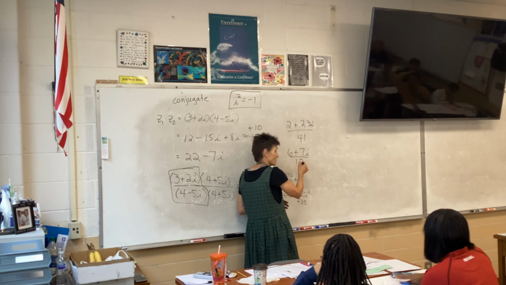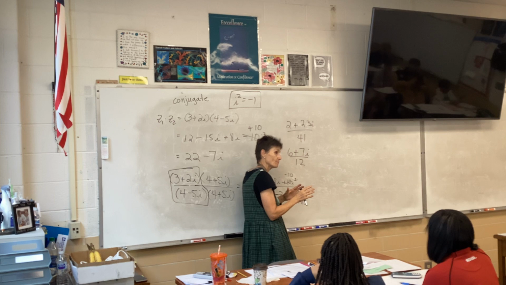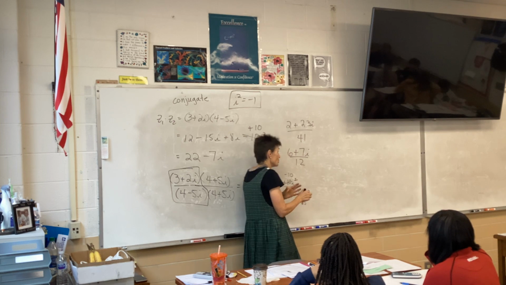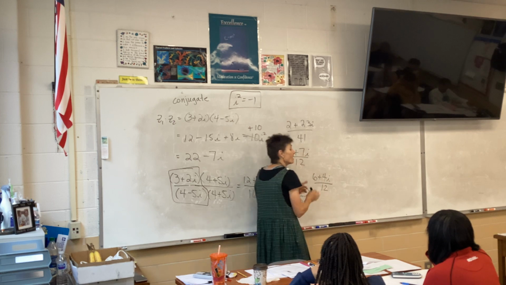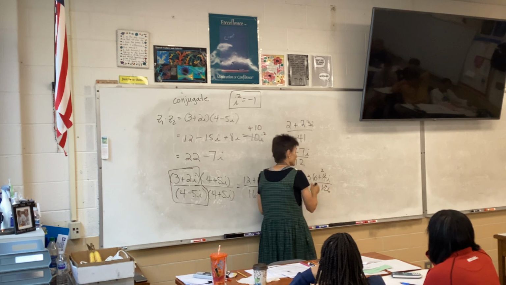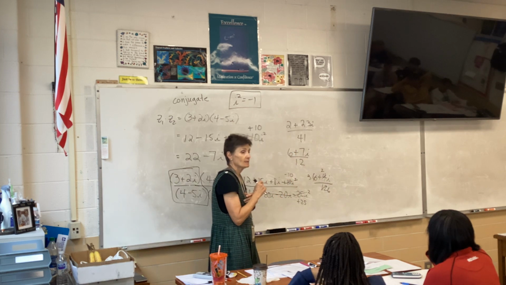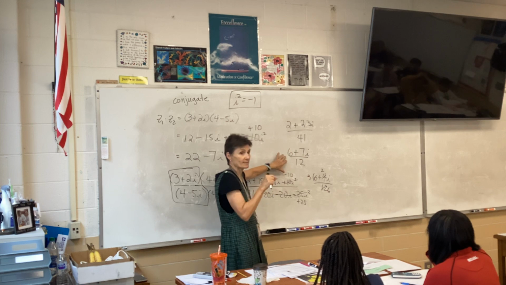You can't cancel unless you can cancel out of every part. So if we had 6 plus 4i over 12, we can take a 2 out of everything and reduce it. But don't reduce unless you can do it all 3 places.